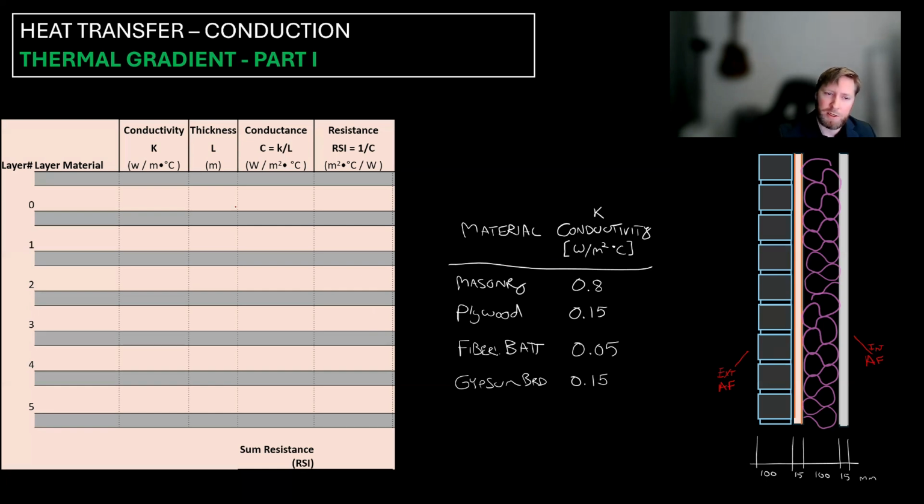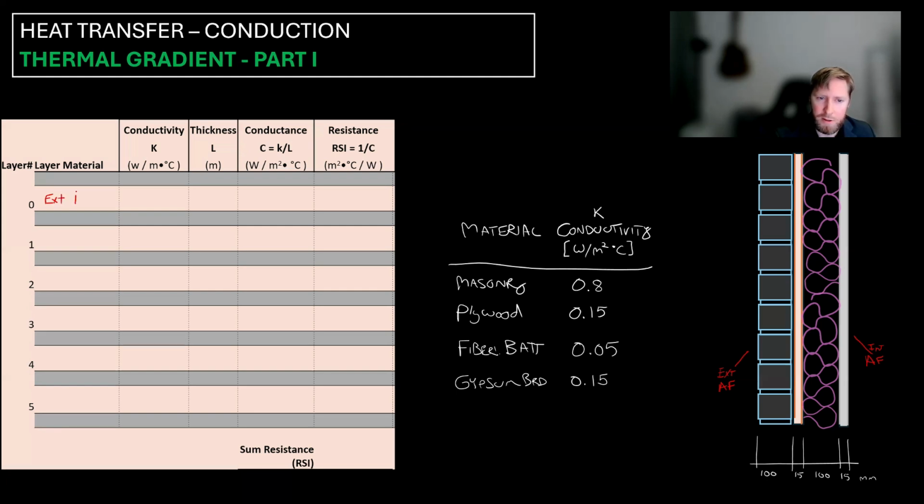We can enter each material in this list here. It doesn't matter if you work from interior to exterior or exterior to interior, you just want to keep it in chronological order. I'll start with the exterior in this case.